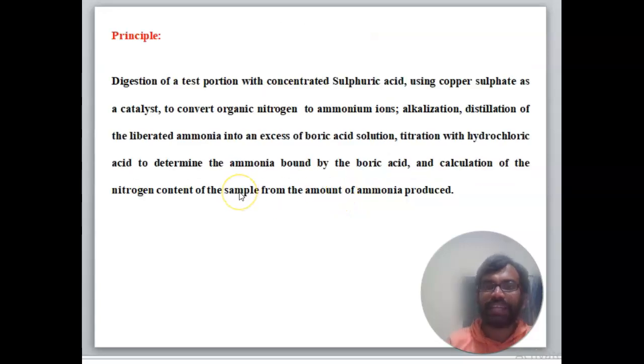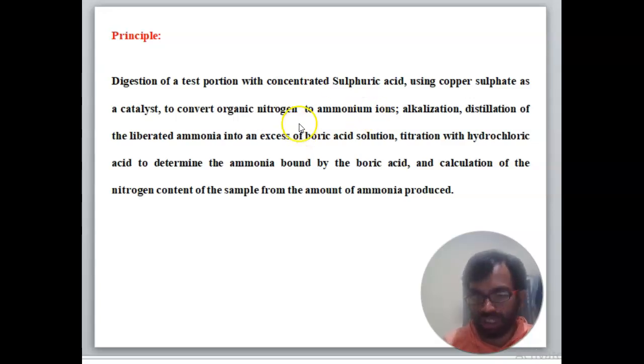Now you can see the principle of the Kjeldahl method. This is very important. If you understand this principle, then you will easily understand the procedure and this method. First, digestion of the test portion with concentrated sulfuric acid. Using copper sulfate as the catalyst to convert the organic nitrogen to ammonium ion.